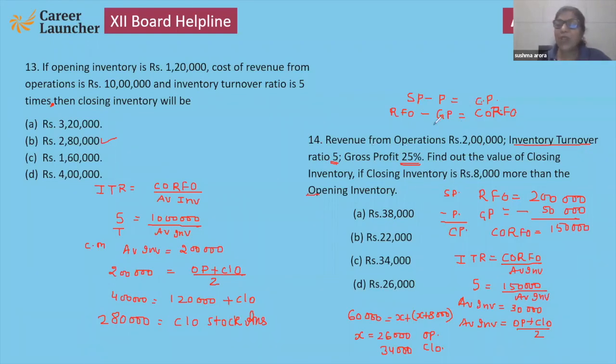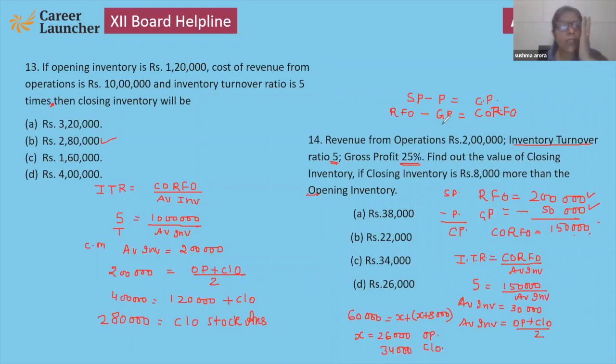Okay, and you can use the formula which you have learned in class 4 and 5. Selling price minus profit is equals to cost price. So here we can say the selling price is 2 lakh. It includes 50,000 profit. It means cost price is 1,50,000. And in inventory turnover ratio, we have to use the formula cost price.